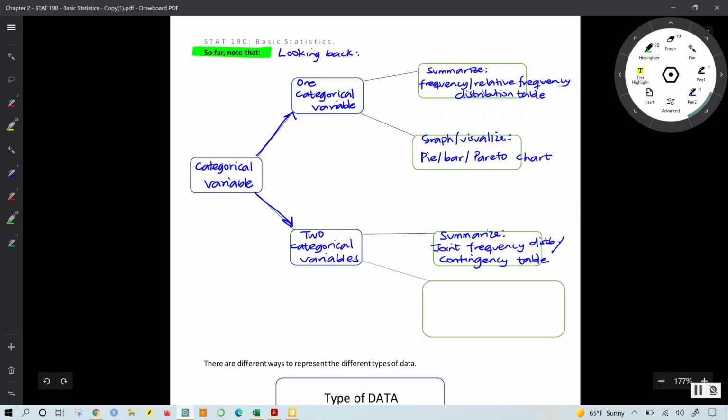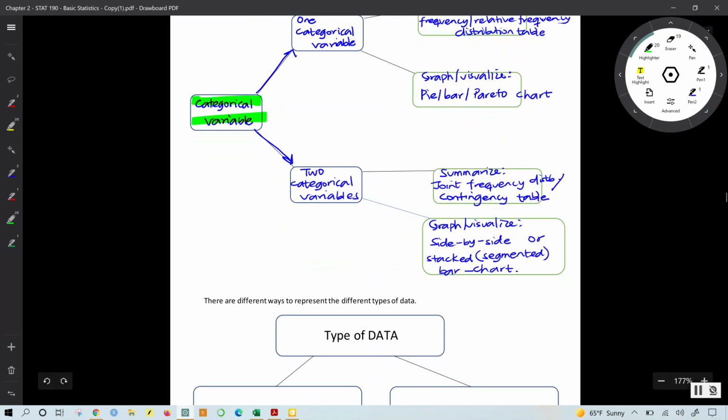And for two categorical variables, we can graph or visualize using a side-by-side or a stacked bar chart. A stacked bar chart is also called a segmented bar chart. So this is what we have covered so far as it pertains to categorical variables.